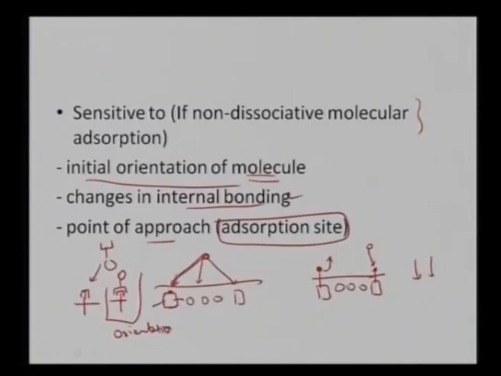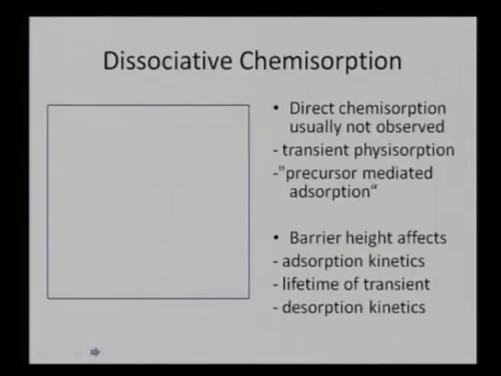It is not only specific to the site, but is also sensitive to the orientation of the particular molecule. And again, the type of bonding which results is also much more sensitive to that. And again, we can also see dissociative chemisorption, and generally direct chemisorption is not observed, because it is basically preceded by physisorption.